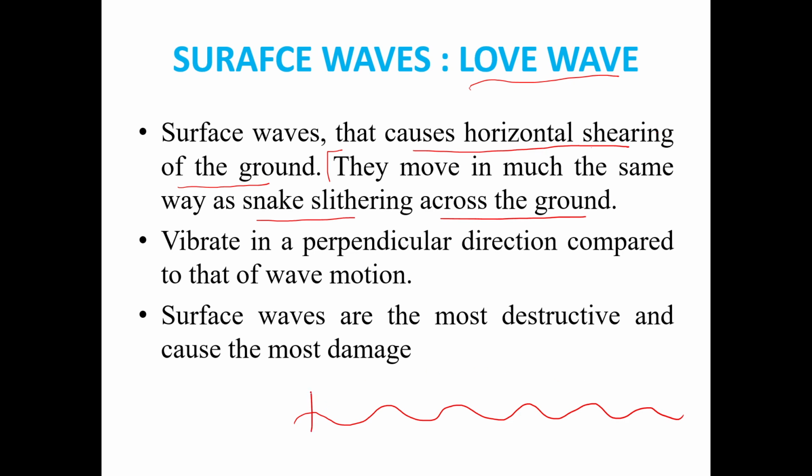So they move the ground horizontally. In S waves, we are seeing from the elevation point of view, and for Love waves we are watching a plan view. So from the top view we are watching, and S waves we are watching from the front.